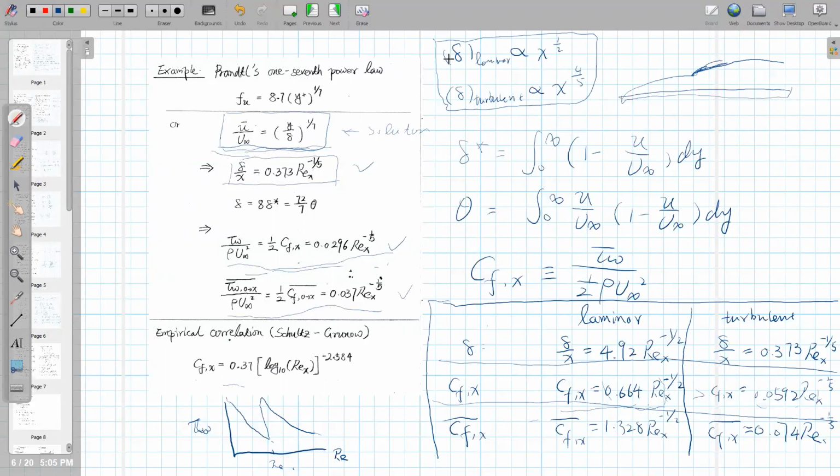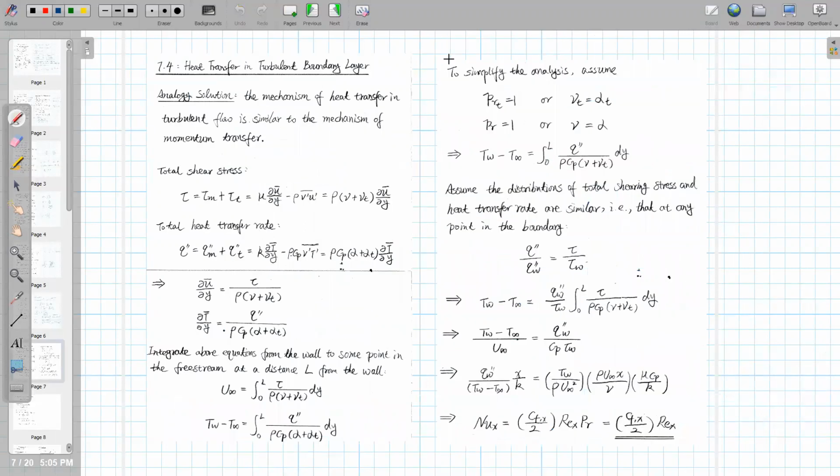What's the heat transfer rate? We can still solve those energy equations, all those boundary layer equations. But there is a simpler way people usually do it, an analogy solution. They think that the mechanism of heat transfer is similar to the mechanism of momentum transfer.